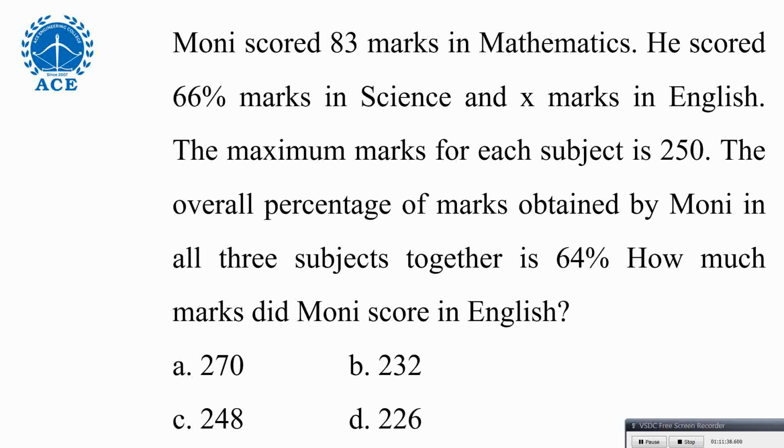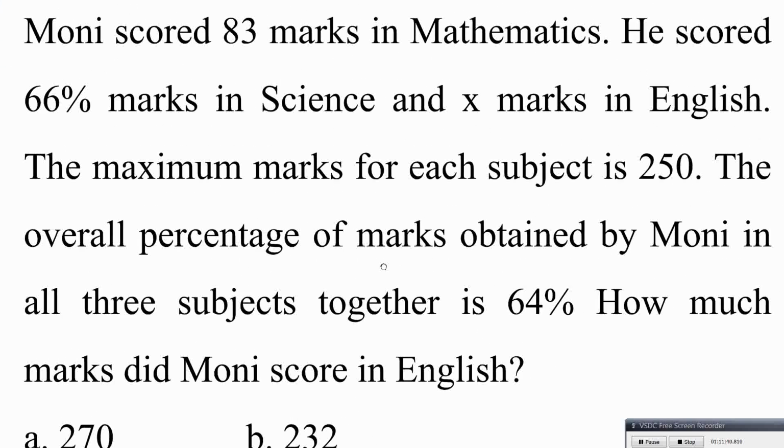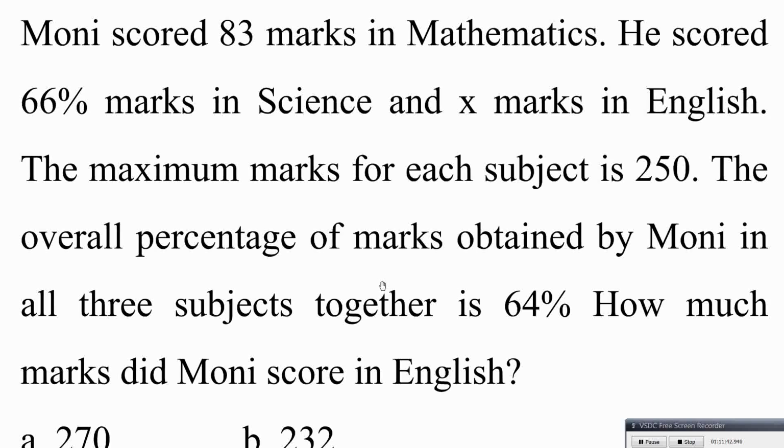Now see this question. Moni scored 83 marks in mathematics. He scored 66% in science and X marks in English. The maximum marks for each subject is 250. Overall percentage of 3 subjects is 64%. How much did Moni score in English?